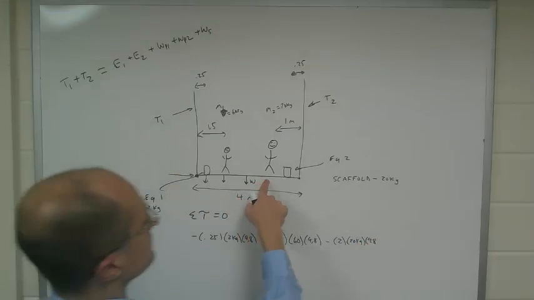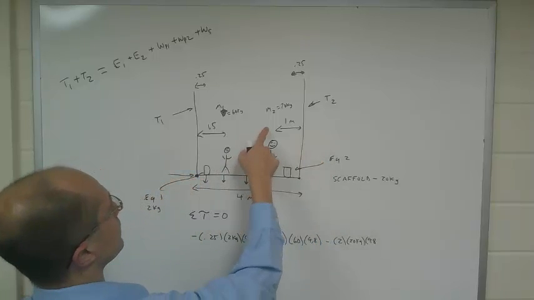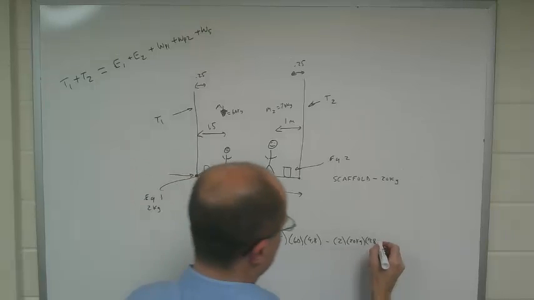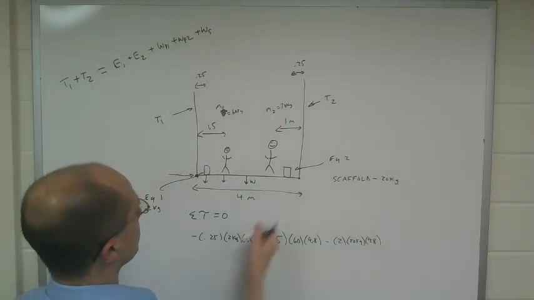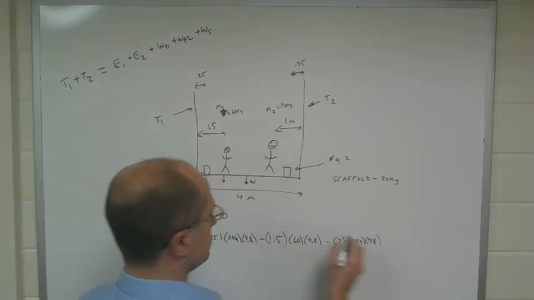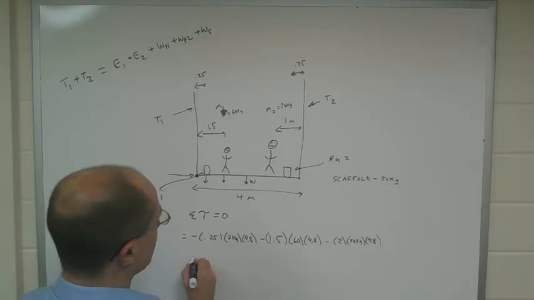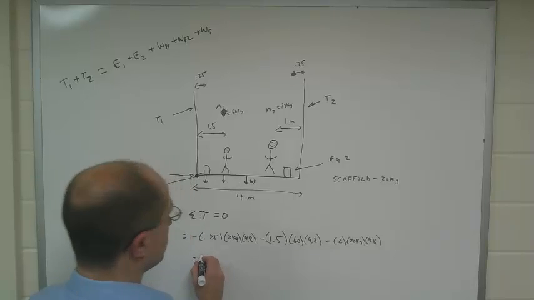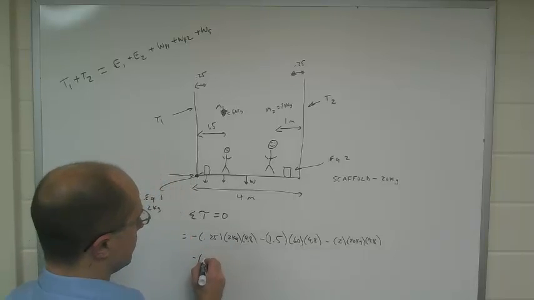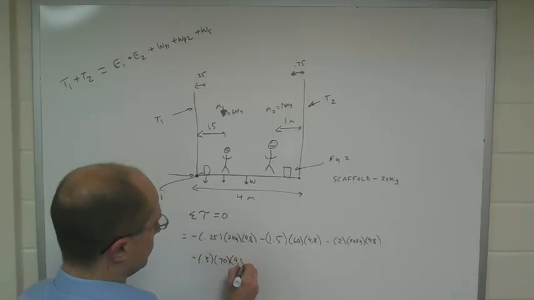Now the next person, we know they're 1 meter from this end, which means they're 3 meters from the other end. And they too are causing a clockwise rotation. So this is equal to, and then we have another line over here, minus, in this case, the 3 meters times 70 times 9.8.